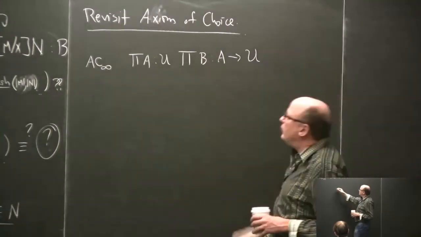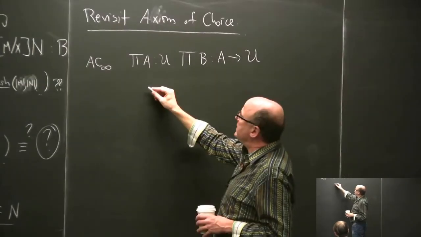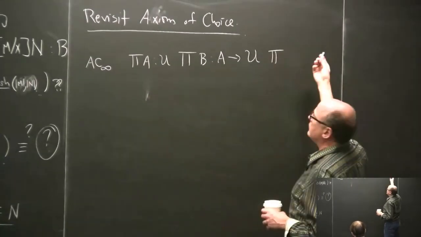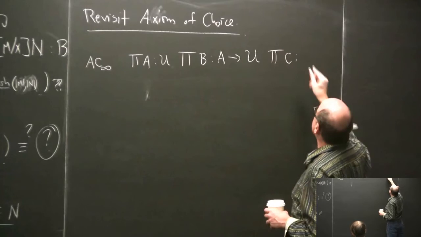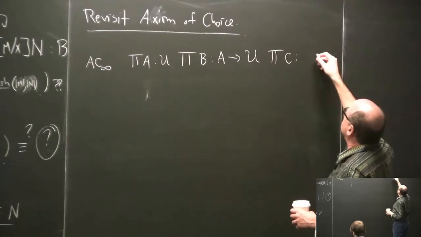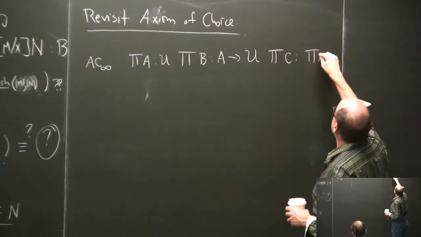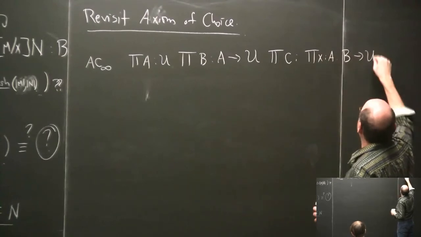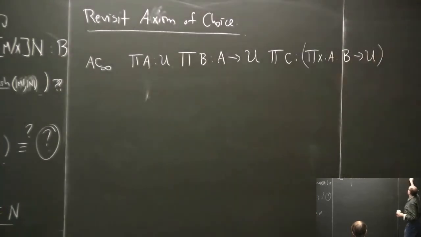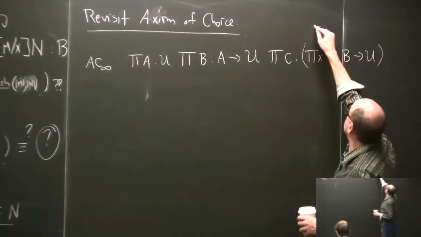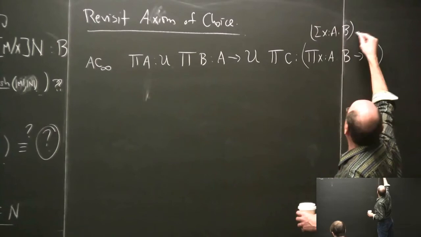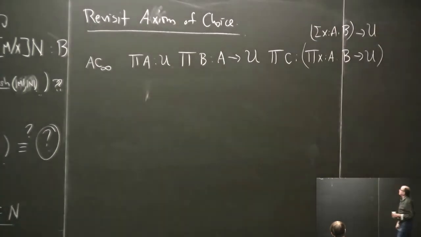And then what we said was the expression of the axiom of choice was saying, if you have a total relation C, which in full generality is pi x in A, B arrow U, or if you like, you can think of this as sigma x in A, B arrow U, that's an equivalent type up to minor differences.